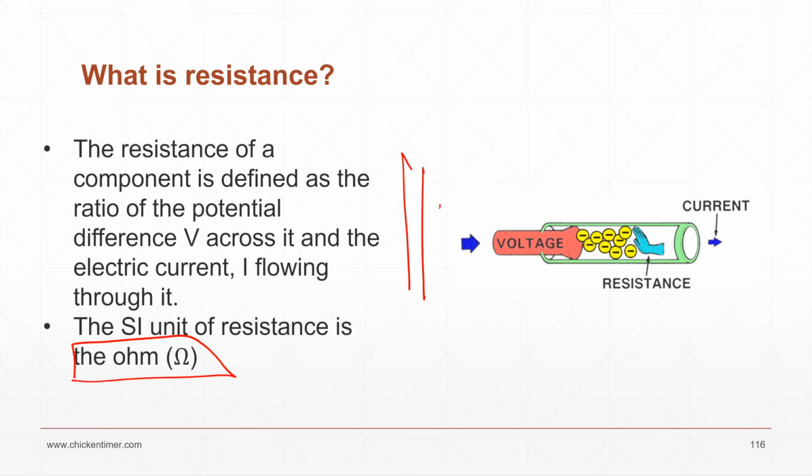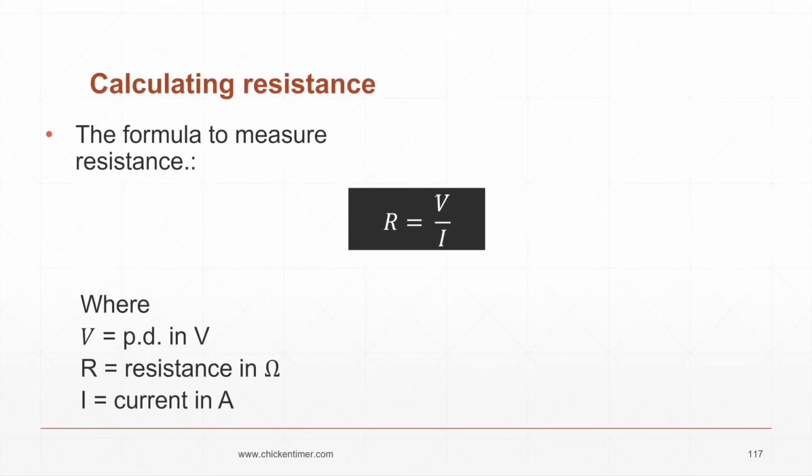They may ask for the definition: the ratio of the potential difference across it and the current. This one. Resistance is V over I. Calculation in this chapter is important.